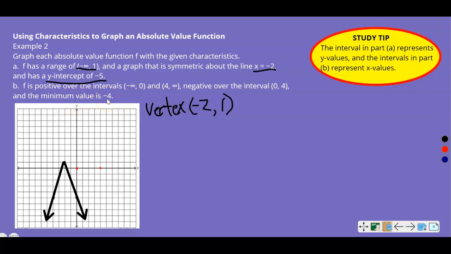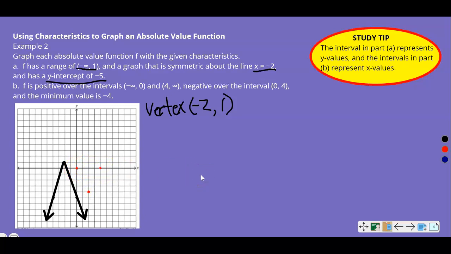All right, if it has a minimum value of -4, 1, 2, 3, 4. So the minimum value is going to be in here somewhere. And if I look at these points, they're 4 apart, so I know the vertex has to be in between that. So that axis of symmetry is going to be halfway between the two x-intercepts.